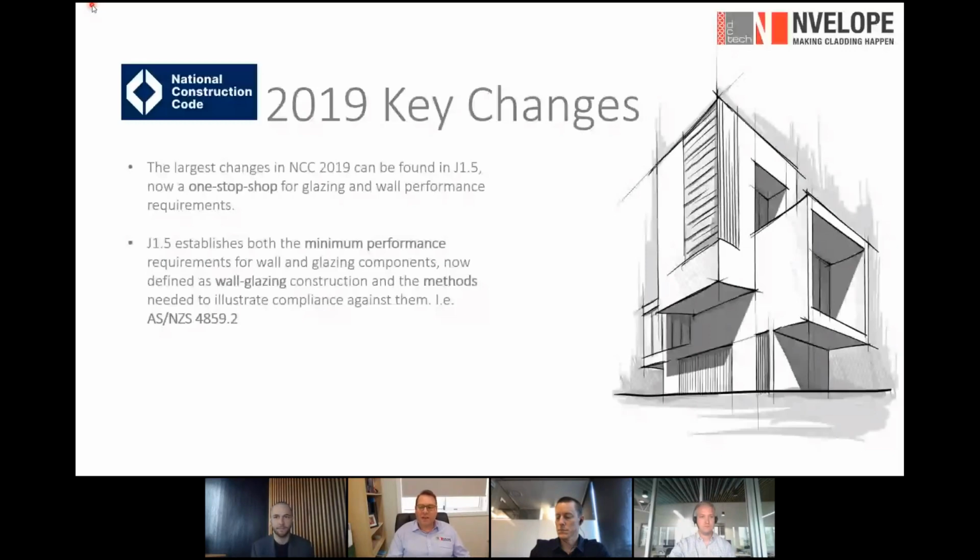So for instance, AS/NZS 4859.2, there's a 2018 revision. By definition, your components are now considered as wall-glazing. That's going to include your walls and your windows. So what does that mean for thermal performance?